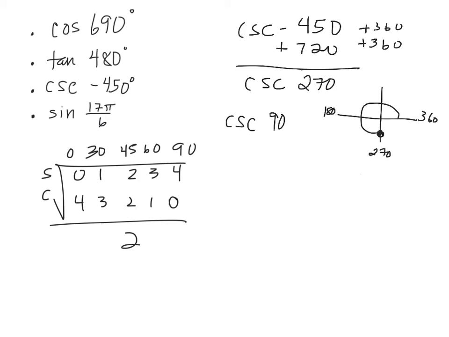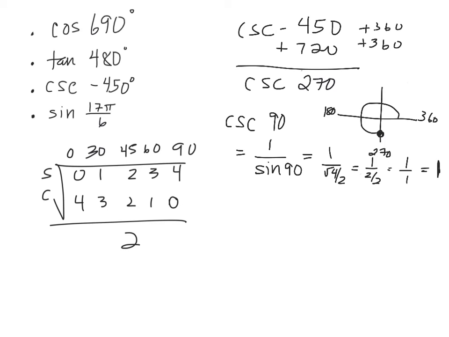So we want to know cosecant of 90 degrees. Cosecant is just the reciprocal of sine. So this equals 1 over sine of 90. And if we use our table, sine of 90 is the square root of 4 over 2, which is 2 over 2, which is just 1 over 1. So our answer becomes 1.